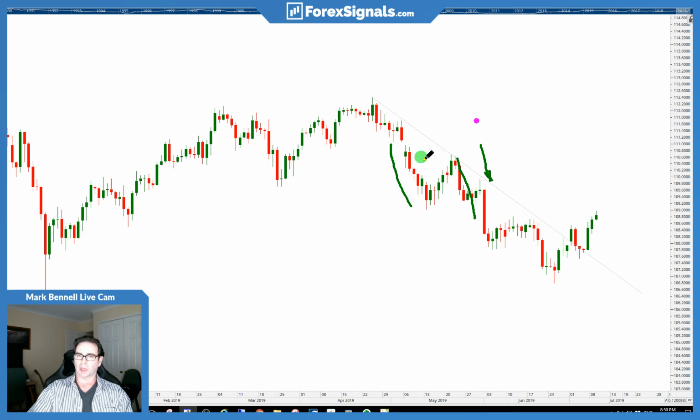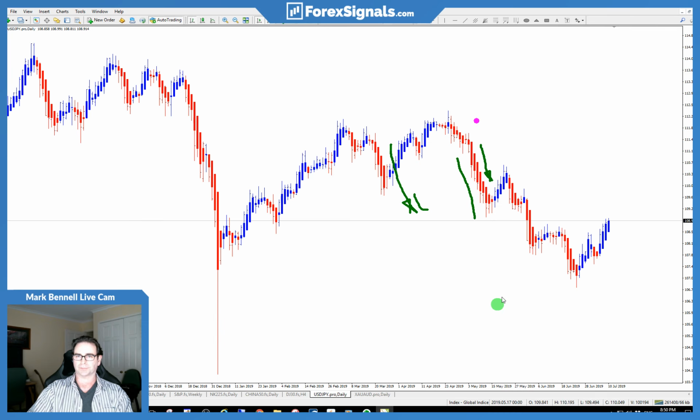We can see we are capturing the momentum reasonably well, but the wicks are similar. We've got the move back up. If we look at the bodies alone, it looks like we have increasing momentum.